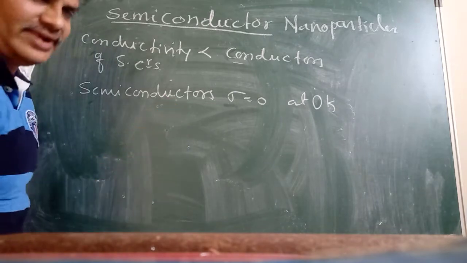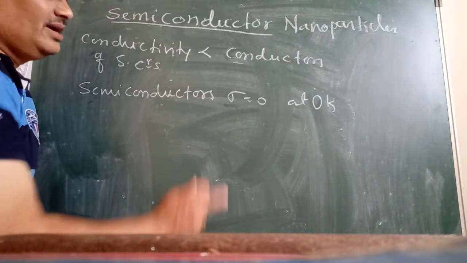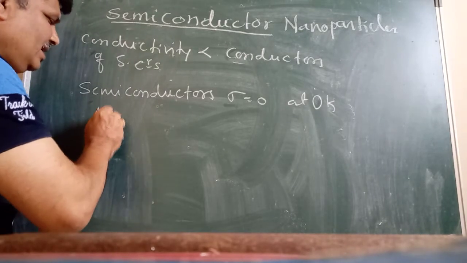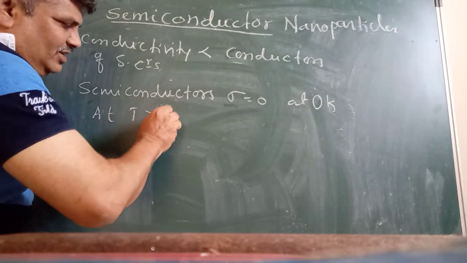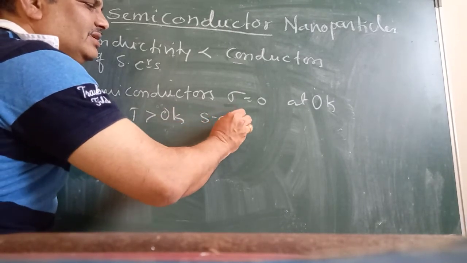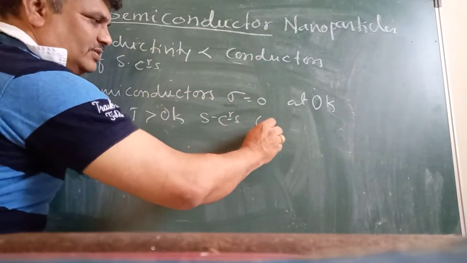Sigma gives a finite value and increases with temperature. At T greater than 0 Kelvin, semiconductors conduct.